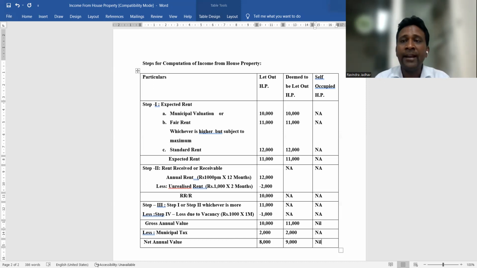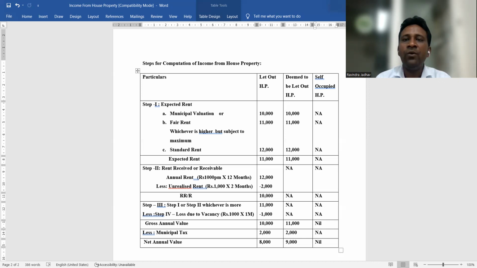After the calculation of net annual value, there are certain deductions allowed under income from house property under section 24. Okay, so there are 3 types of deduction. First is standard deduction. It is 30% of net annual value. Second is interest on borrowed capital for the purpose of construction of house property. There is no limit for let out house property and deemed to be let out house property, but it is limited to rupees 2 lakhs for self-occupied house property.